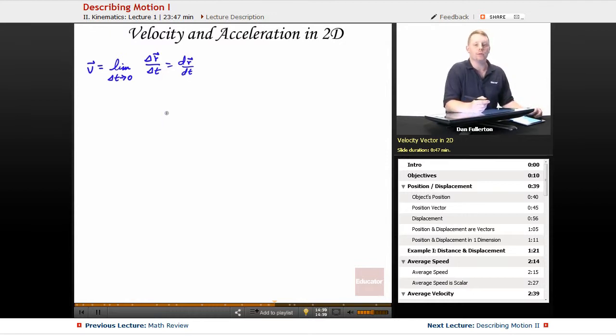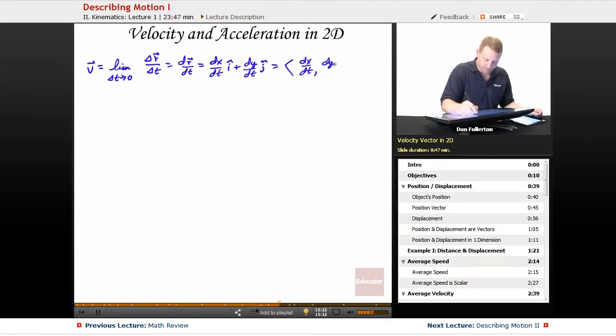And if r is in multiple dimensions, then that would be the derivative of the x component in the x direction, plus the derivative of the y component in the y dimension, for however many dimensions you might have, or in bracket notation, dx dt for the x, dy dt for the y.